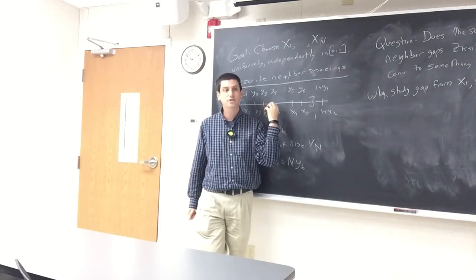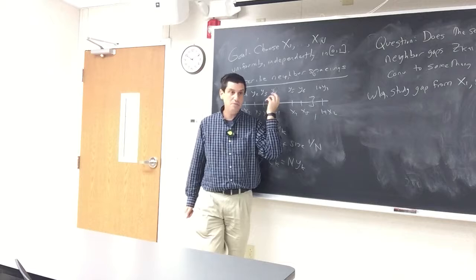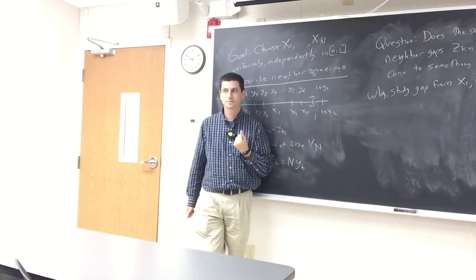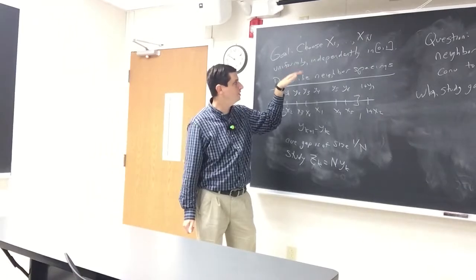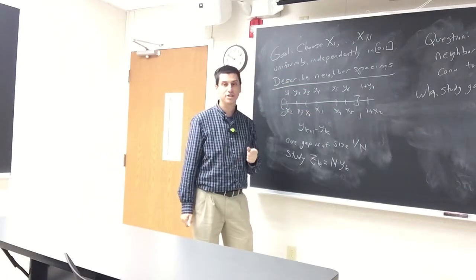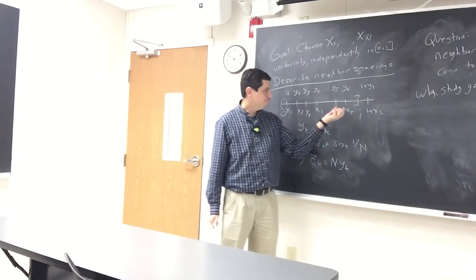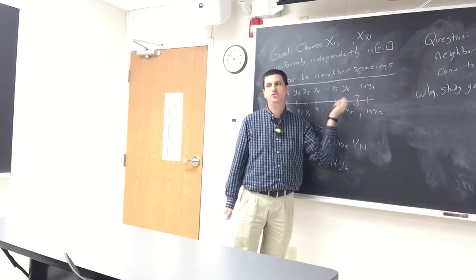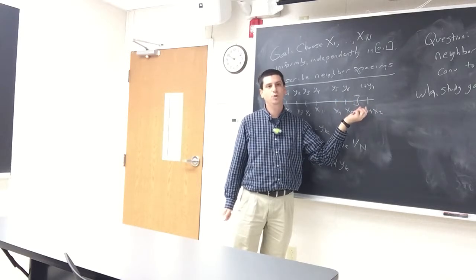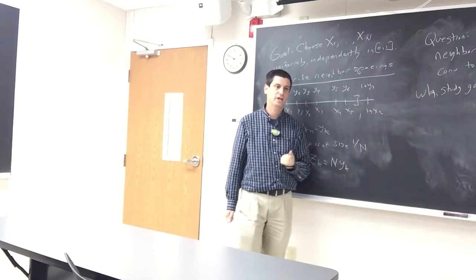They're all very, very close to 0. Then the average gap among them is very, very different. But we're in a situation where we're assuming everything is uniformly and independently chosen on the interval 0, 1. So because of that, adding just one extra gap is not going to really change the gap distribution with probability 1 in the limit. It's just one extra gap.